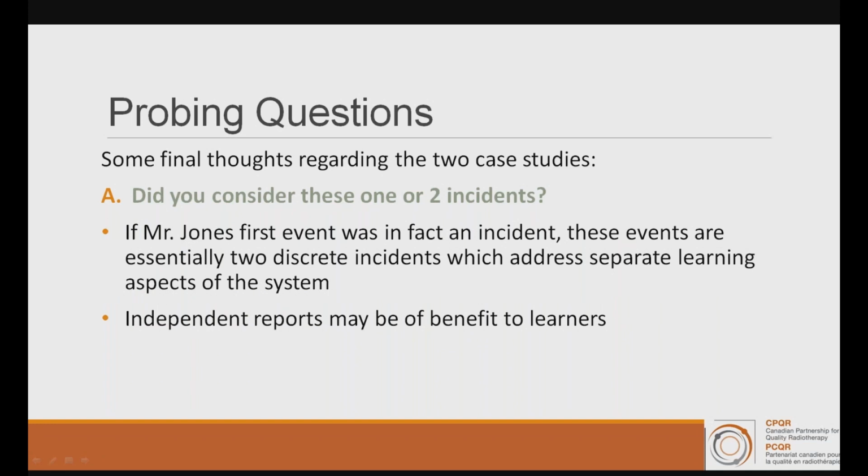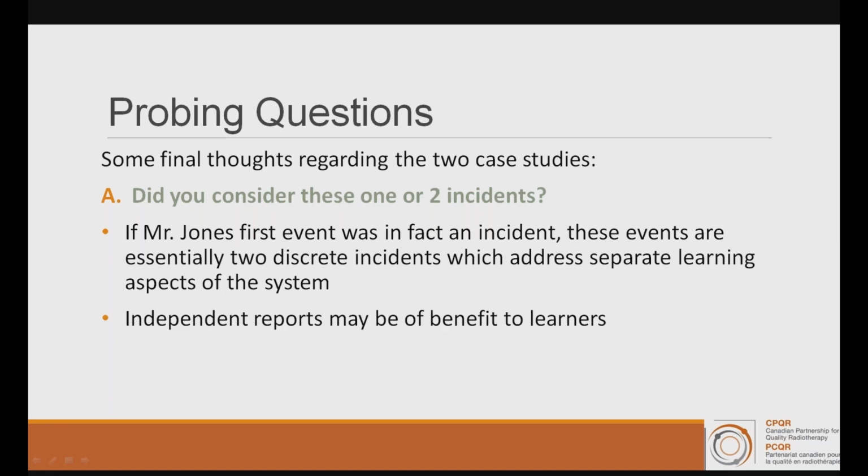When it comes to considering this 1 or 2 incidents, let's say hypothetically Mr. Jones' first event was in fact an incident. Maybe they scanned him improperly for some reason. So just like Ms. Jones, I believe it was, having her treatment field on Ms. Smith, or that instance with the 24 patients that were delayed with respect to the commissioning errors.